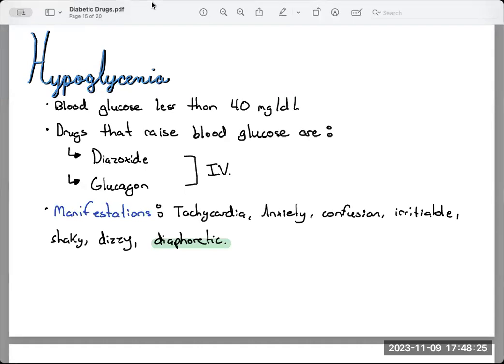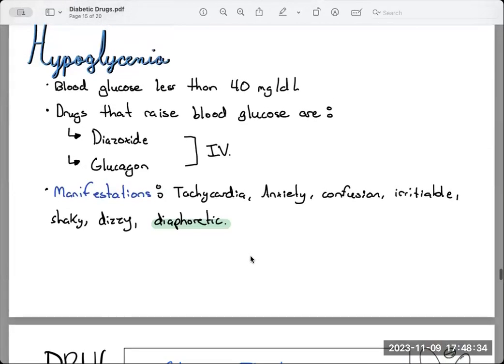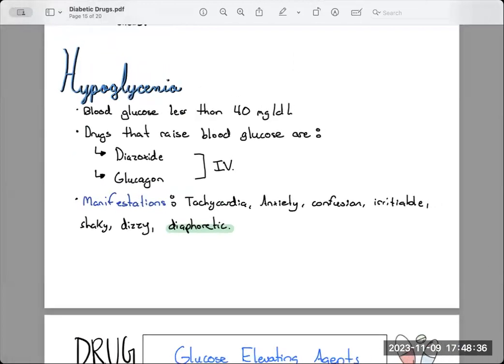So we have to give them glucagon IM, an intramuscular injection, 90 degrees, or IV, okay? Now, the manifestations you might see are that they can become diaphoretic, tachycardic, or anxious as a result of the hypoglycemic crisis, but also just from trying to elevate the sugar.